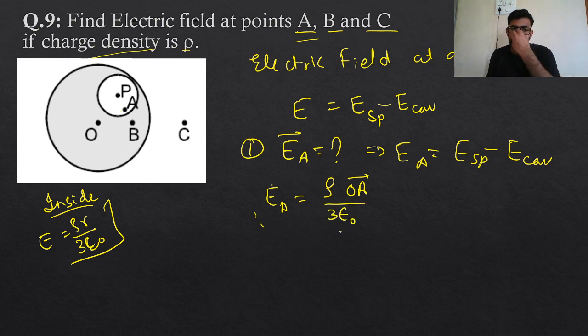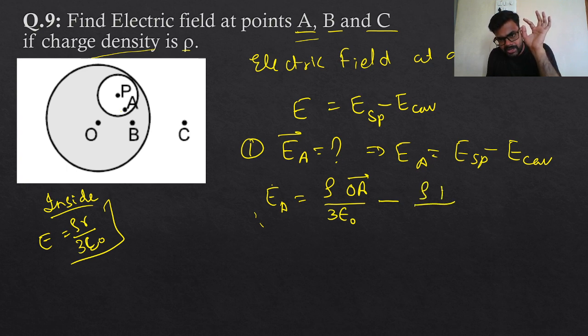Why OA vector? Because the distance of point A from O is OA, and in vector form we write the OA vector. Minus, because of the cavity: the center of the cavity is P and the point is A, so PA vector. So rho r upon 3 epsilon naught means rho PA upon 3 epsilon naught.